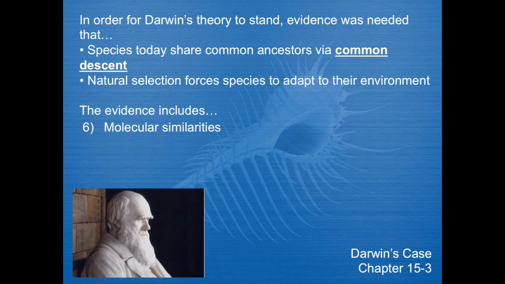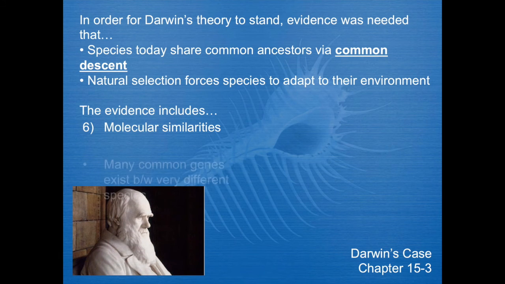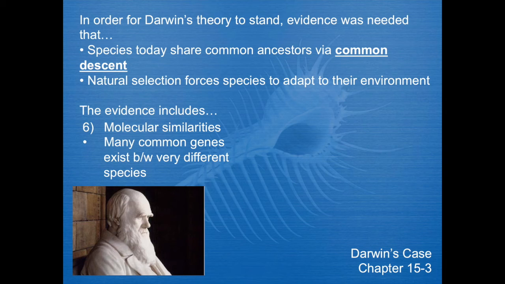And last but not least, and probably the strongest form of evidence, is the molecular similarities. They've noticed, both in general molecules as well as the genes themselves, that closely related species share many common genes, and they're very similar.